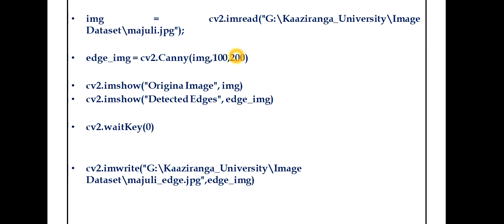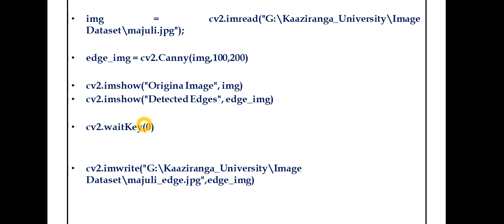Our min val is 100 and max val is 200. With this method, the edges will be detected and the edge detected image will be stored in edge_image. Now let's show our original image through the cv2.imshow function, and our edge detected image, edge_image, through imshow as well.